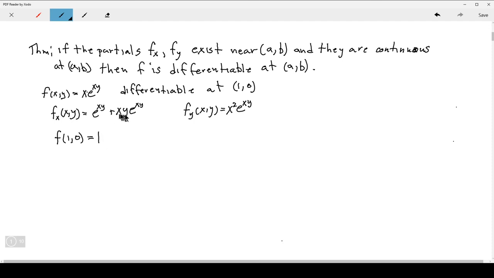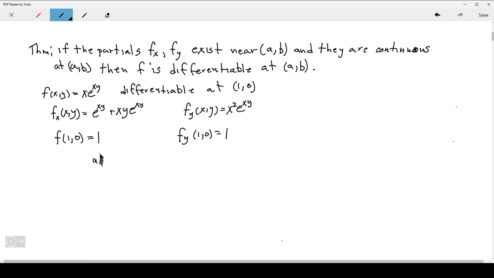Then 1, 0, so that's 1, that's 0, so that whole term is 0. So that's equal to 1. Fy 1, 0. All right, so x is 1. 1, 0 again is 0 up there, so that's 1, so that's 1. All right, so my first partials are equal at 1, 0.